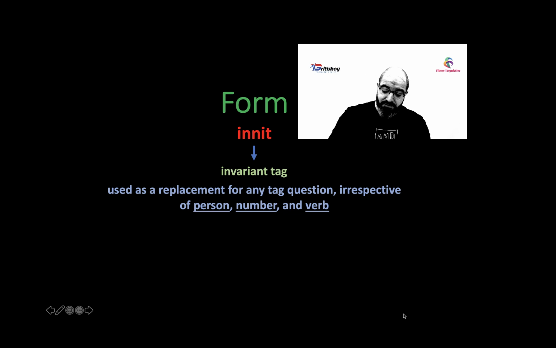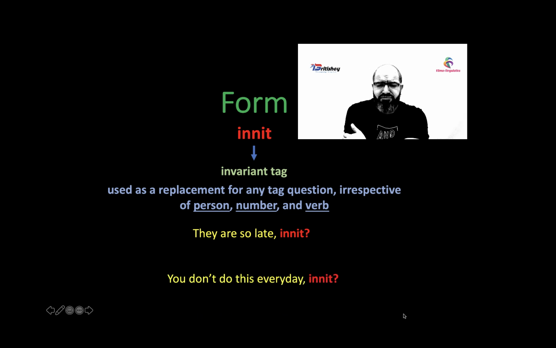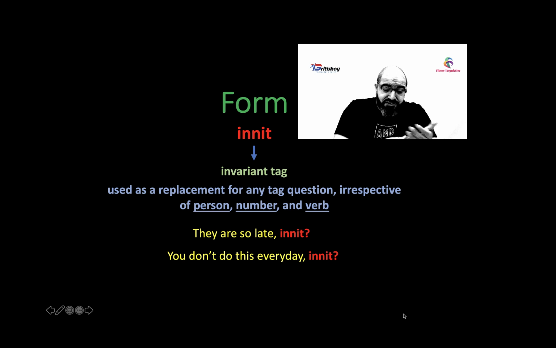Let's see some examples. So look at this. They're so late. Usually we would say in English, they're so late, aren't they? But no, you can say, they're so late, innit? Look at this one. You don't do this every day, innit? Again, this is negative. It's you don't do. So supposedly you would say, you don't do this every day, do you?